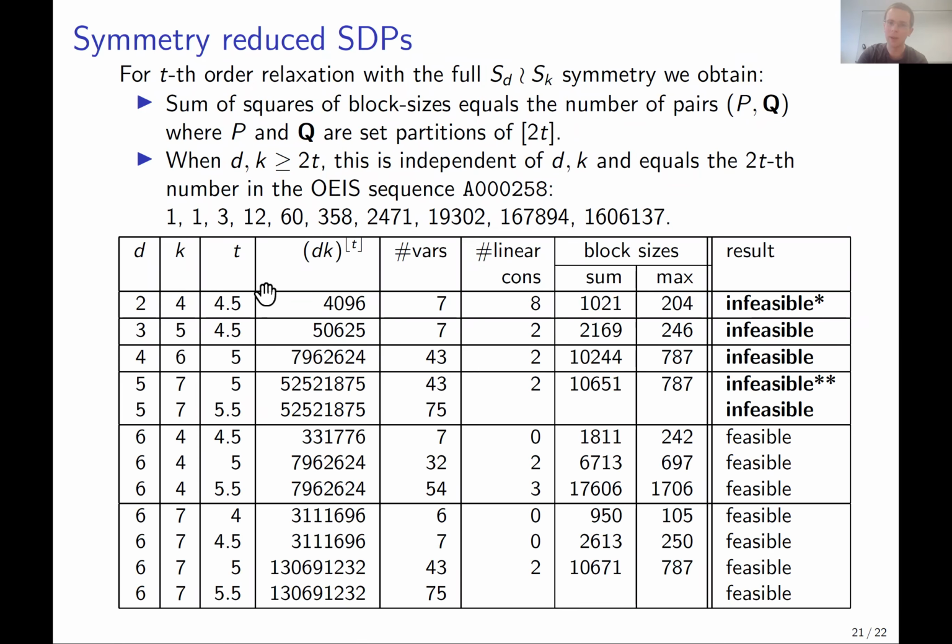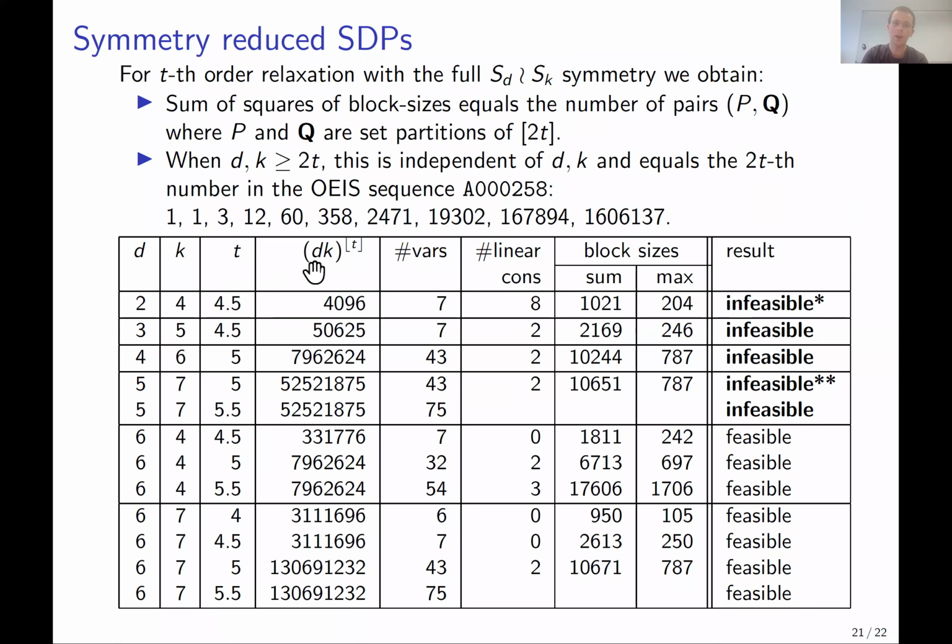Nevertheless, for small D and K, we do manage to actually compute the symmetry reduced SDPs. Here I've shown a very big table, so let me go through it very slowly. The first 3 columns define the parameters of the SDP: D, K, and T. You can see that we go from the 2-4 case, where we show infeasibility at level 4.5, all the way to the largest case that we've been able to compute so far, the 6, 7, 5.5.